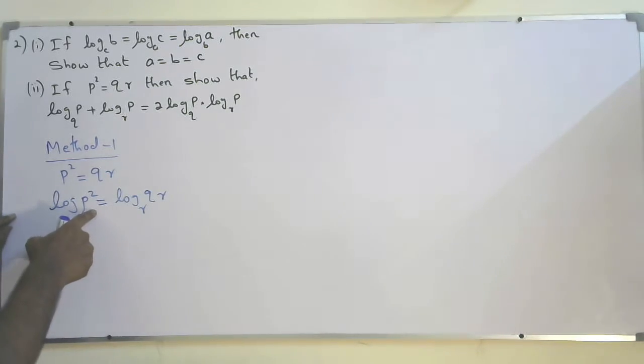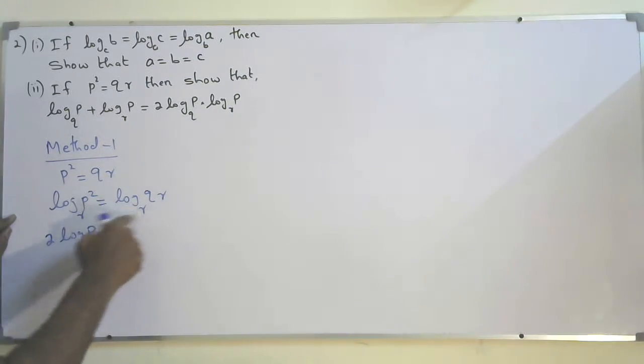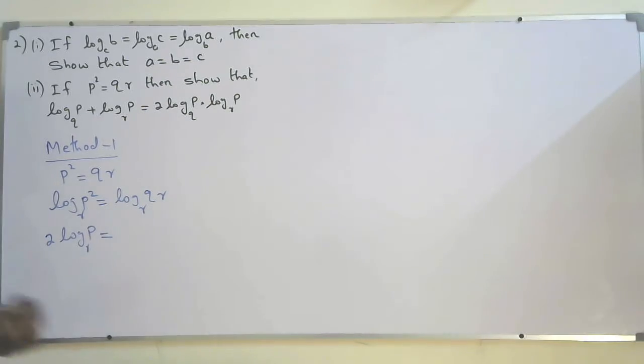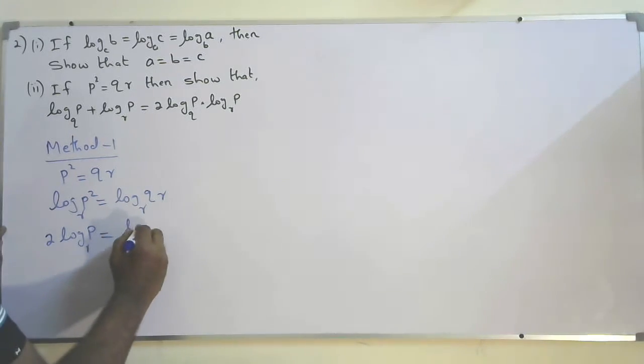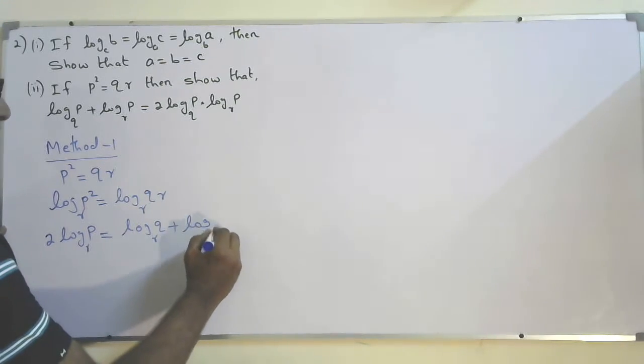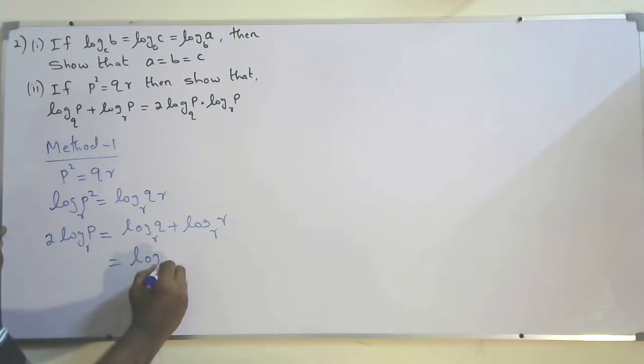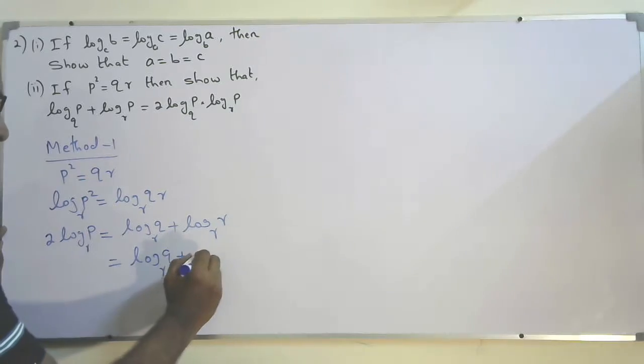So this, I can use a power rule now. This could be written as 2 log R of p equal, if I use the product rule here, this could be written as log R of q plus log R of R. You know that log R of R is 1, so it's going to be log R of q plus 1.